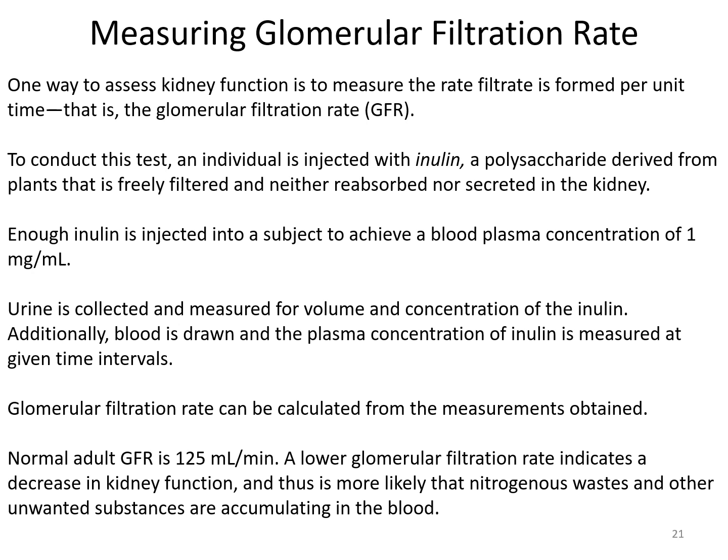So one way that we have to assess kidney function is to actually measure that glomerular filtration rate. To do this, they inject a person with something called inulin. Inulin is a polysaccharide derived from plants. It gets freely filtered in the glomerulus, but it doesn't get reabsorbed or secreted. So as that inulin travels through the glomerular capillaries, it should be completely filtered.